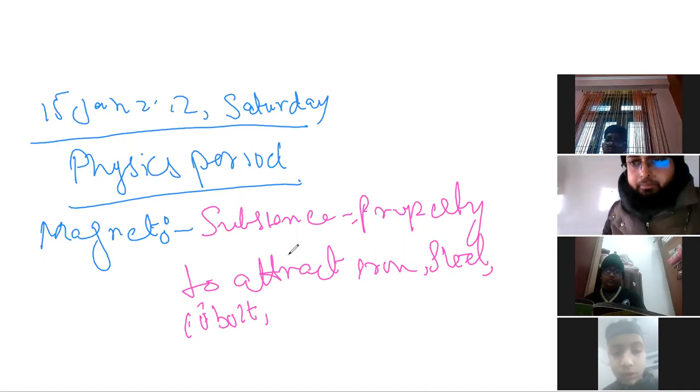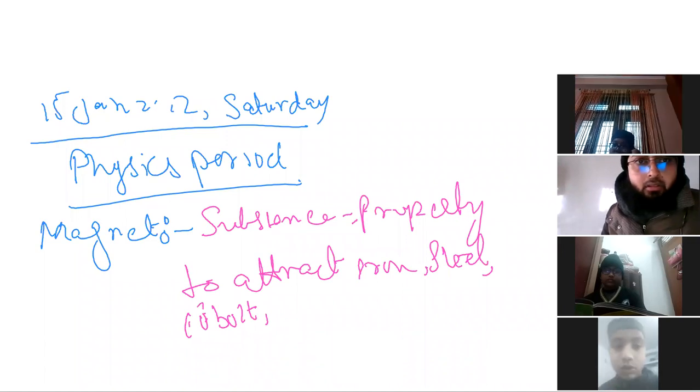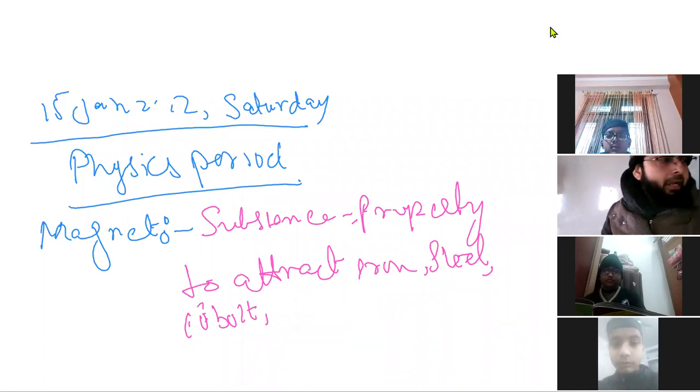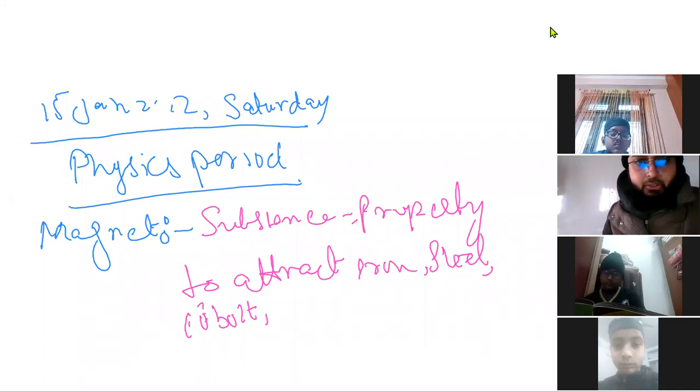Then it's just a quick recap. What are temporary magnets and permanent magnets? How do we increase the strength of that?